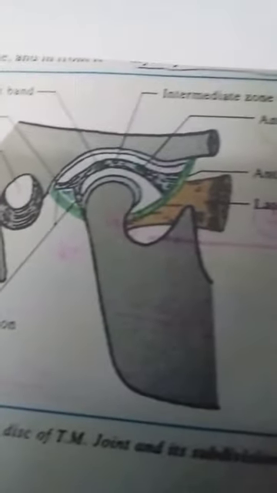Now, let us talk about the bones coming into formation of temporomandibular joint. This joint is formed by articulation of two bones. Above lies the articular tubercle and anterior articular part of the mandibular fossa of temporal bone.